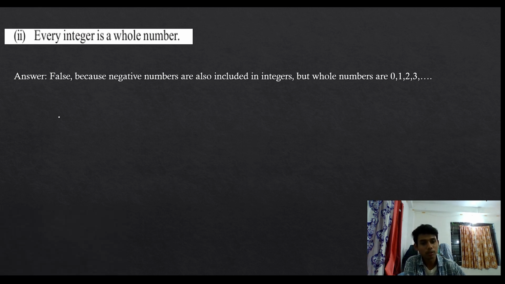As we know, integers, which are denoted by Z, will be equal to dot dot dot. We'll check this with an example. Z is equal to -3, -2, -1, 0, 1, 2, 3, 4 up to infinity.